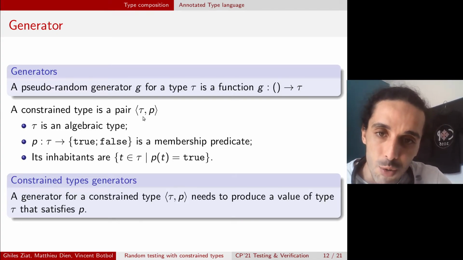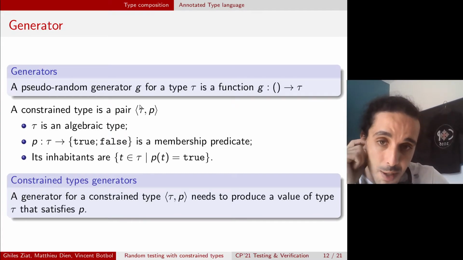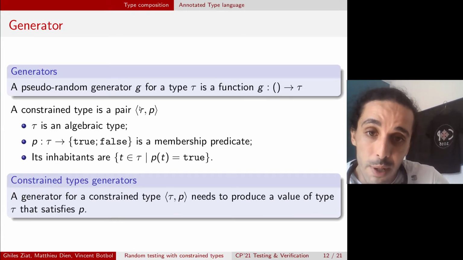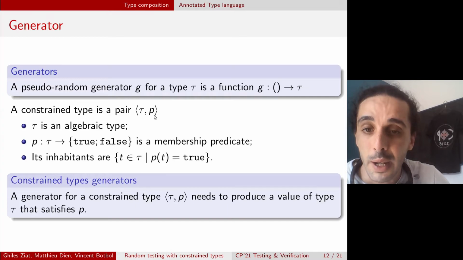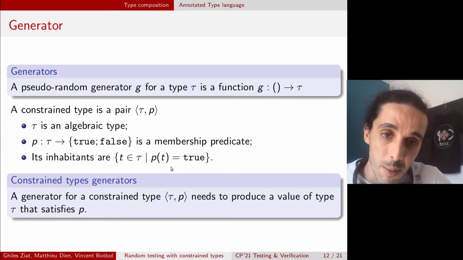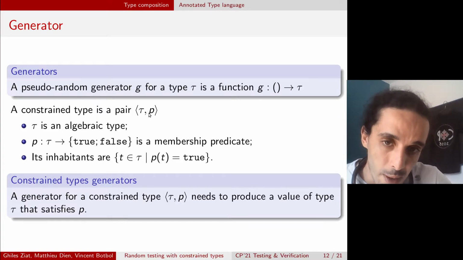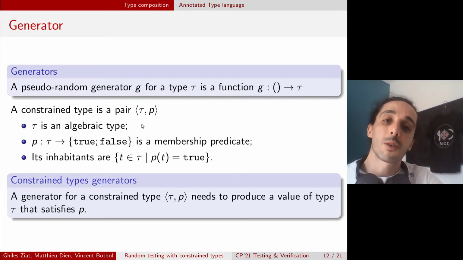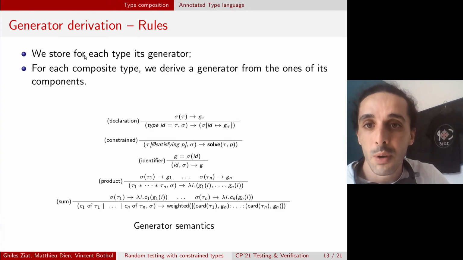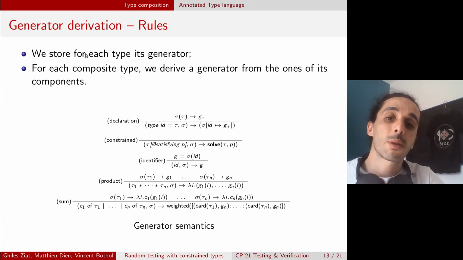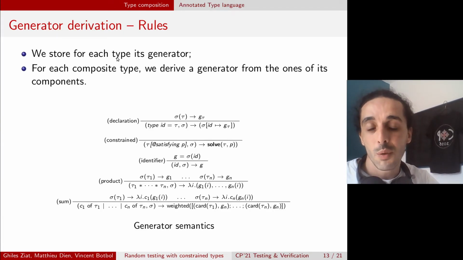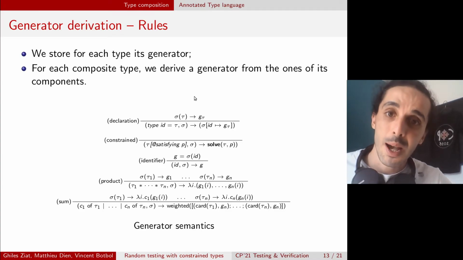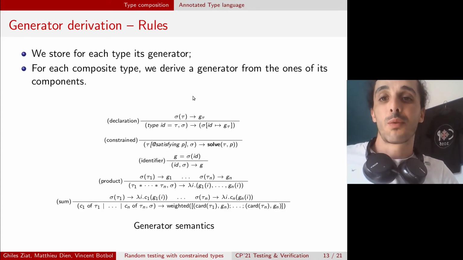In the case of constraint type, a constraint type can be seen as a pair composed of a regular type and a membership predicate. And its inhabitants are all of the values of the regular type that satisfy the membership predicate. So the generator should be constructed accordingly. So for each of our type constructions, we have a rule that explains how to derive a generator for this type.